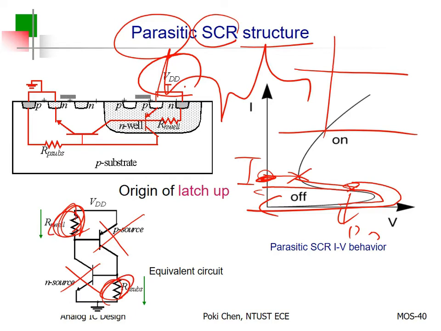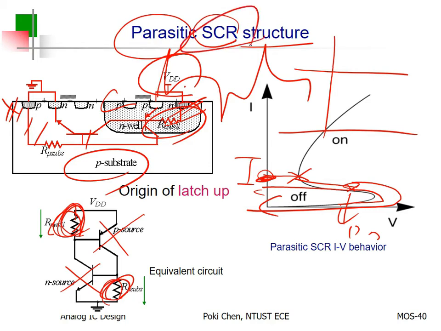Body contact. The more body contacts in the P substrate or inside the N-well, the more you can reduce it. The more contacts, the less resistance. Congratulations, you can kill the SCR structure. If the R here or there is really small, they will be shorted. No conduction at all. That is good for you.